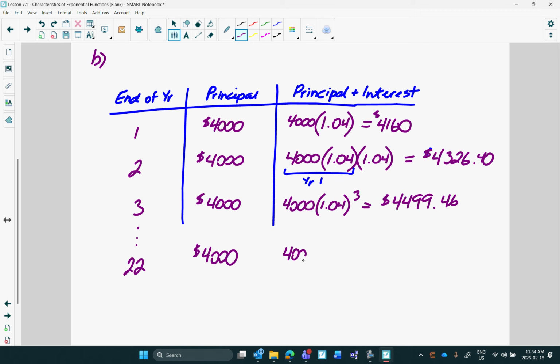How do we find it? Take your original times 1.04 times itself 22 times. Because notice, if it's 3 years, the exponent's 3. It's 22 years, the exponent's 22. So do 1.04 to the 22nd, and then multiply that amount by 4,000.